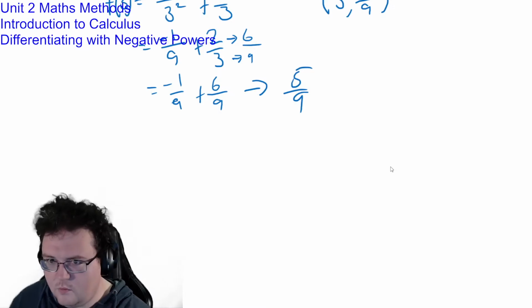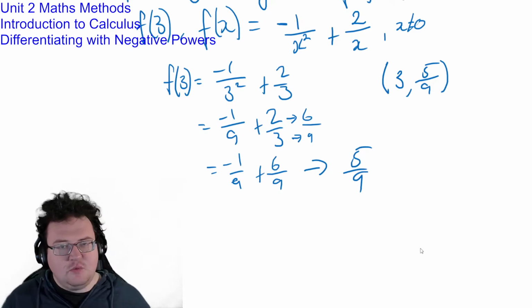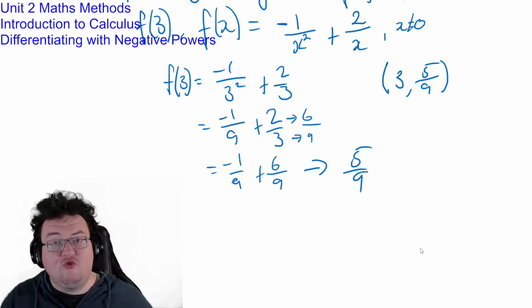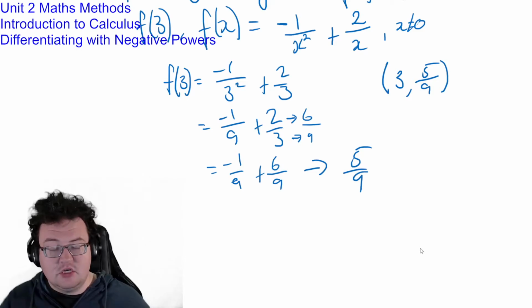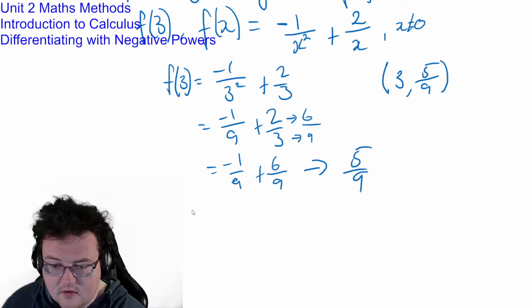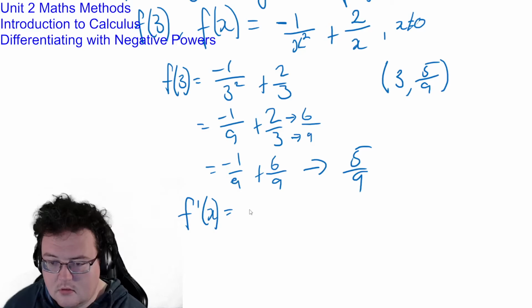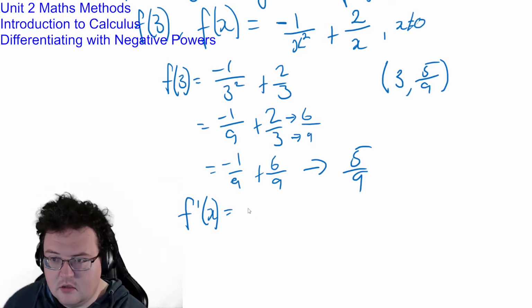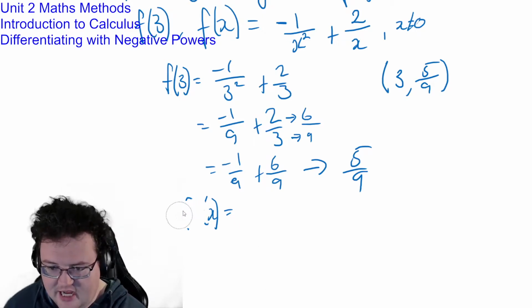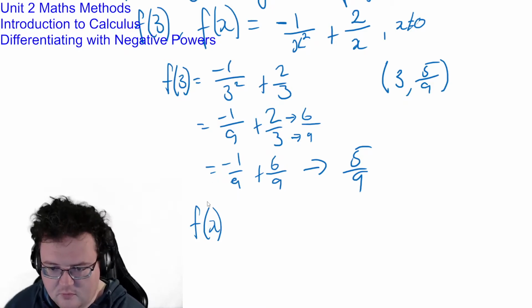So now we have to handle the other part. To do a tangent, we need two things. We need a point that it passes through, and we need the gradient at that point. So to find the gradient, we need to find f dash x. So in this case, before I do f dash x, I'm going to reorganize f of x just a little bit so that it is in negative, so it's using indices form properly.